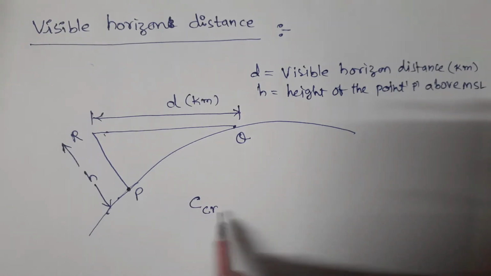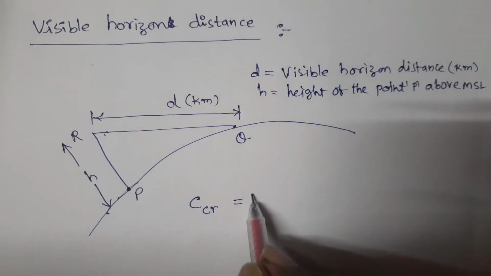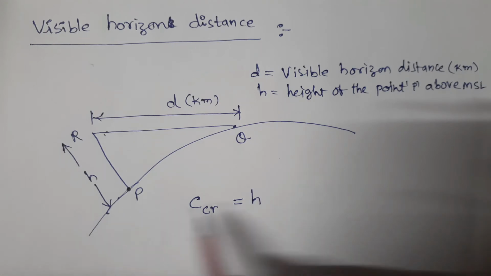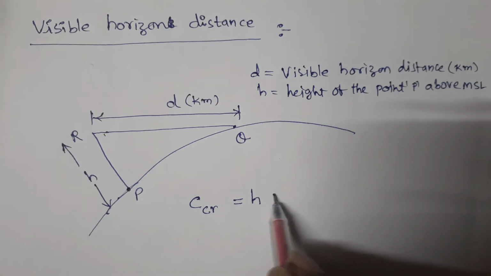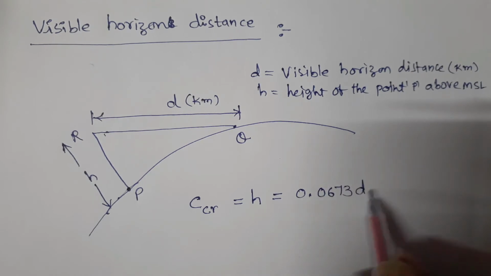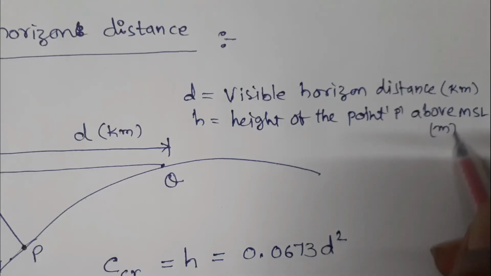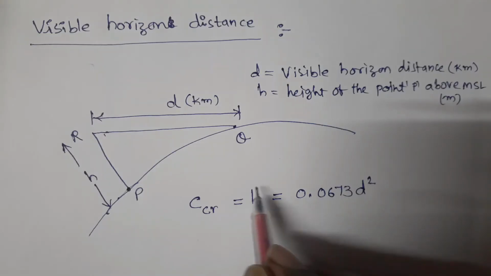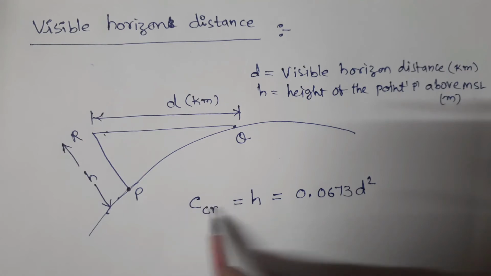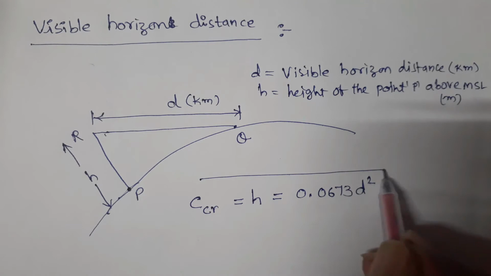That is, combined correction is equal to height of this point with respect to mean sea level, which is equal to 0.0673 d square. Here H is in meters, D is in kilometers. This combined correction will be equal to this height.